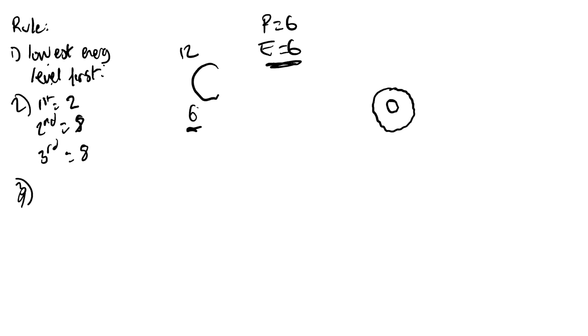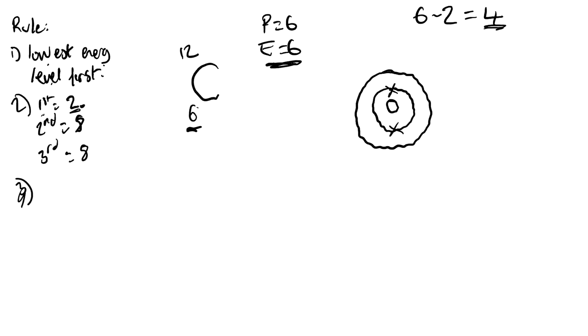Now using our second rule, we know that only 2 electrons can fit in that first shell. So we're going to draw 1 as a cross and 2. Now because that is full, we go on to the next shell. Carbon has 6 electrons, we've already drawn 2 of them, so we've got 4 left to draw.